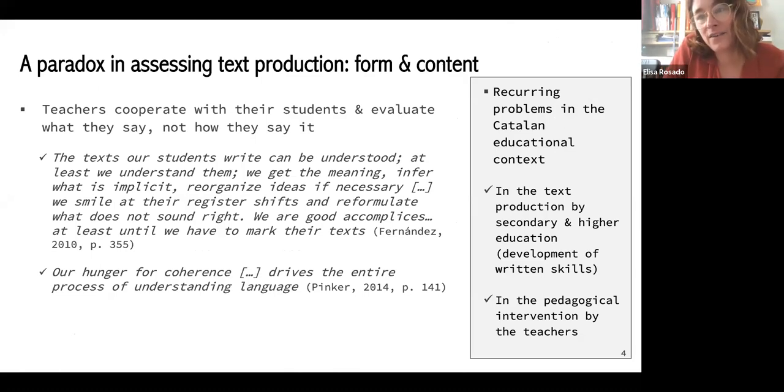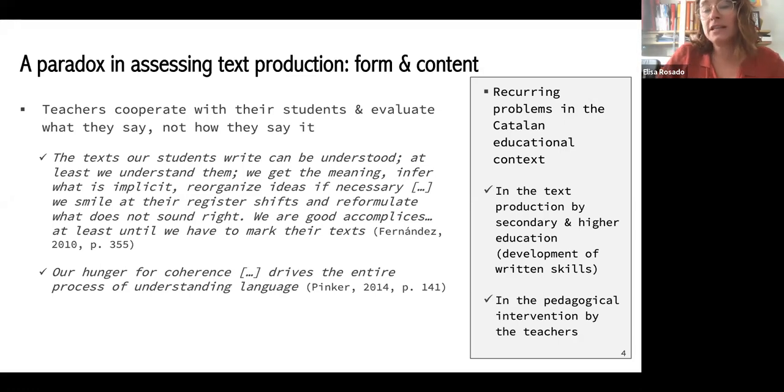When assessing text production, in form and content, we as teachers, not only as researchers, but also as teachers, cooperate with our students and evaluate many times what they say, because that's what we want to evaluate, but leaving aside how they say it when it comes to content, right?